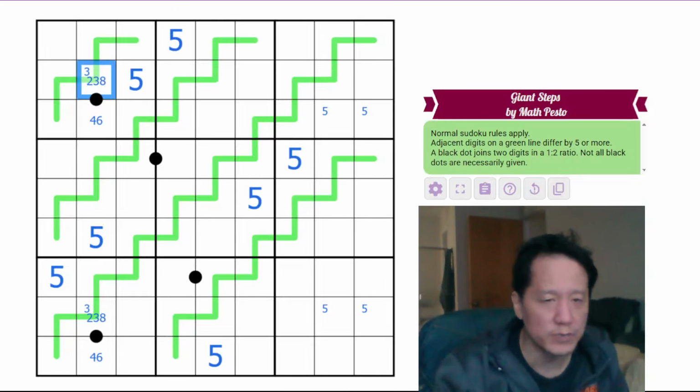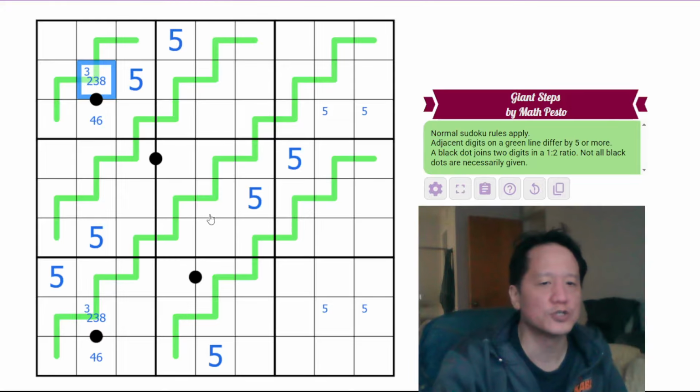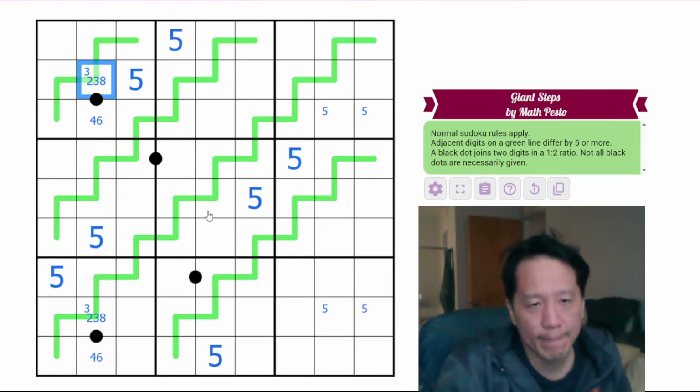And the other one can be 2 or 8. We're not sure which. That's what we have there.